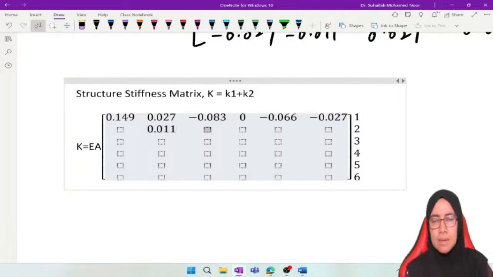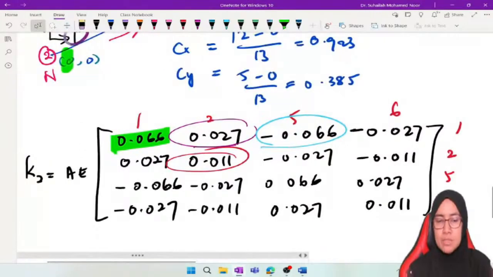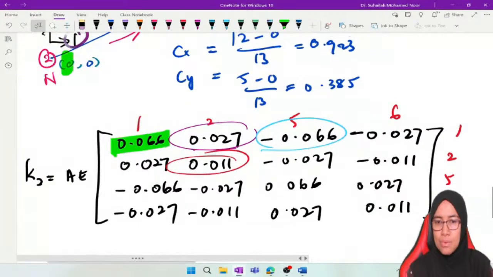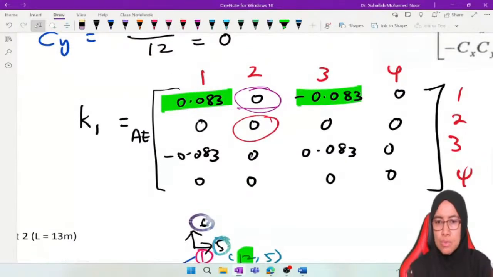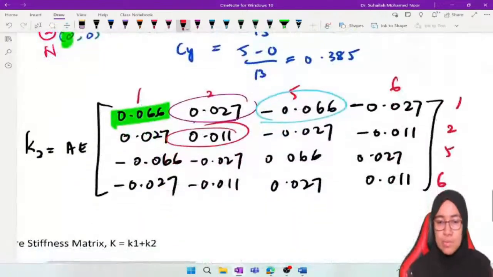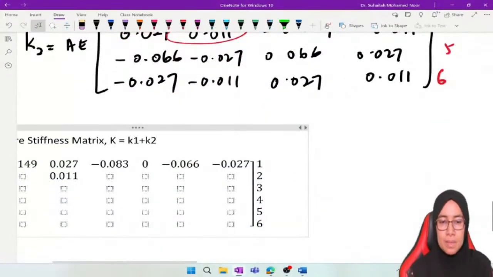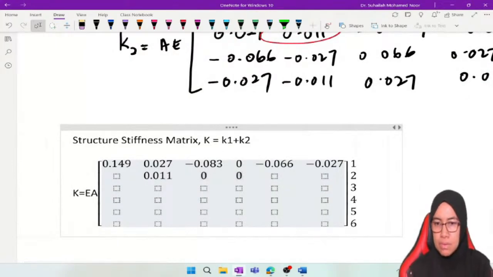Okay, next position is 2,3. There is no 2,3 in K2, so move to K1. 2,3 is 0. 2,3 and 3,2 are the same value. 2,4 also 0.